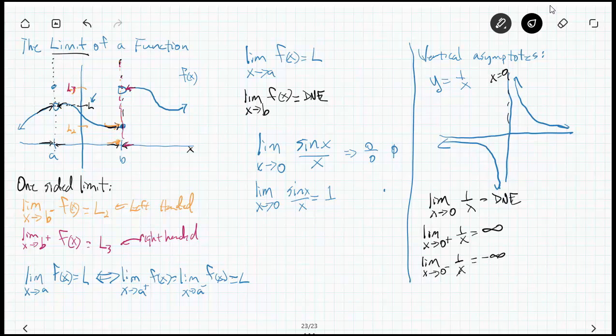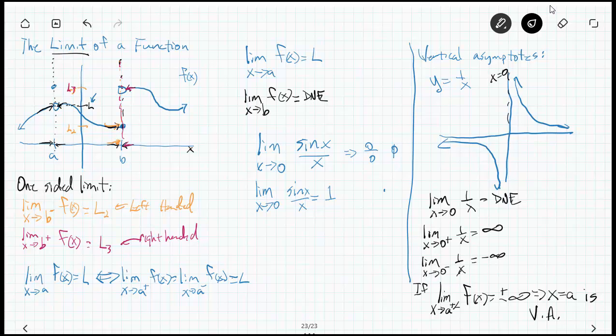It says this: if the limit as x approaches a from either the positive or the negative side of f of x equals either positive or negative infinity, then this implies that x equals a is a vertical asymptote. I'm going to make some compact notation that might freak you out just a little bit, but watch.